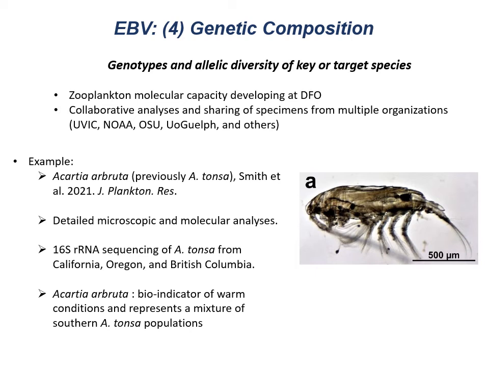And detailed microscopic work confirmed this genotype as distinct. And a new species, Acartia bruta, has now been proposed. So this work is evolving, and we're now taking a similar approach with several target species.